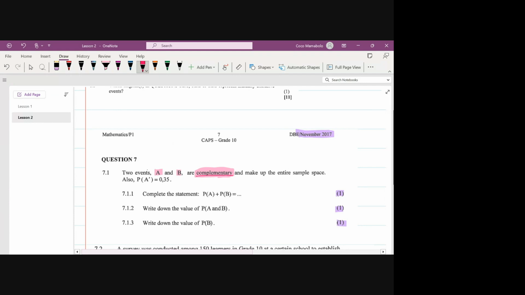So we know that if we have the probability of not A, then the probability of A is just going to be 1 minus the probability of not A, which is quite an important concept. And the probability of B is the same as 1 minus the probability of not B.